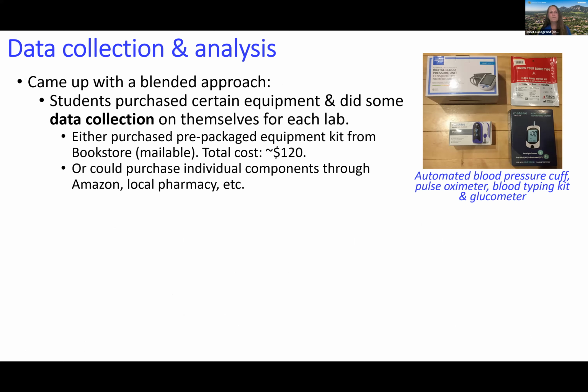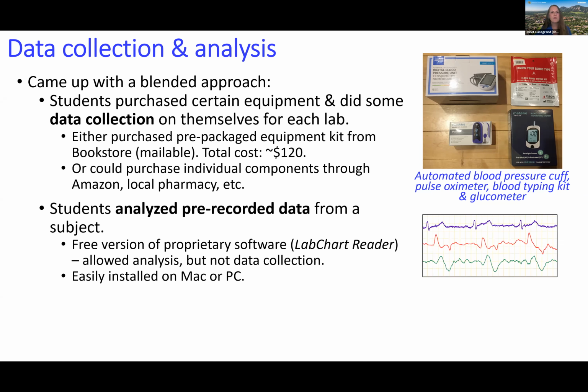And the bookstore prepackaged those and they would mail them to students. And the total cost was around $120. So kind of equivalent to the cost for a textbook. Or if students already had some of that equipment, and many of our students often do, they could purchase individual components through either Amazon, local pharmacy, or some other source.